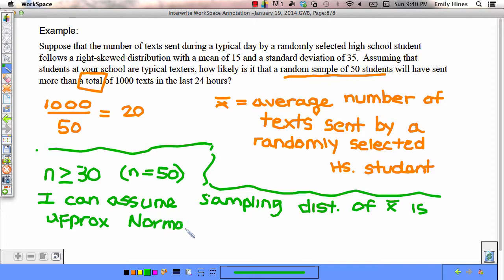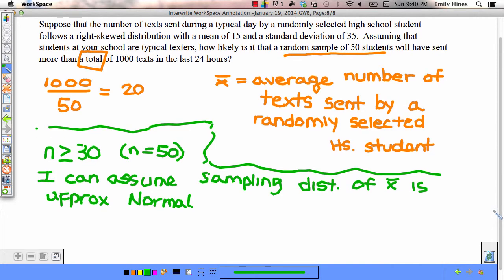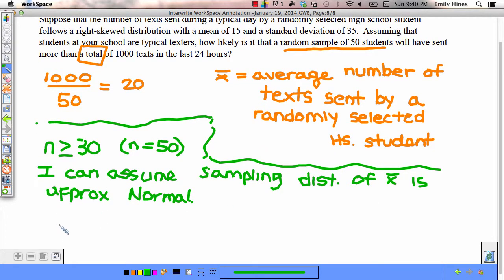Well, if it's normal, I want the stuff I usually have. I need a picture, I need a mean, I need a standard deviation. The mean is easy. I know that the mean of X bar is equal to the population mean, which is 15. And the standard deviation of X bar would be 35 divided by the square root of 50.